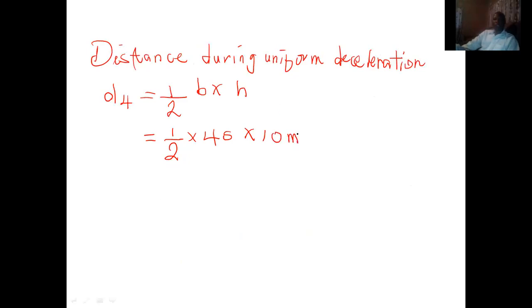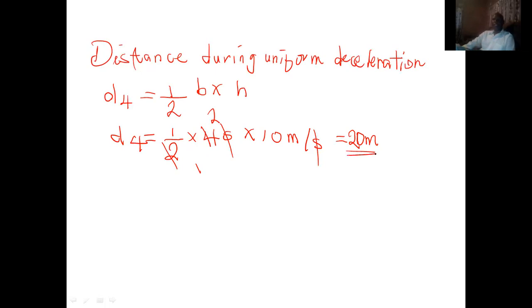This second is going to cancel. 2 here, 1; 2 here, 2, and 2 times 10 is 20 meters. So distance 4 is 20 meters.